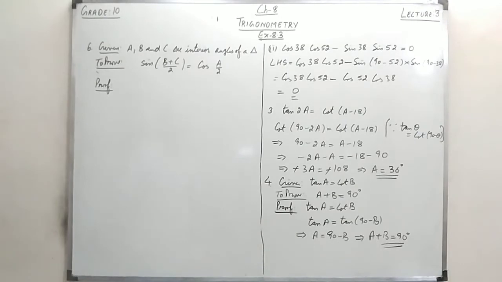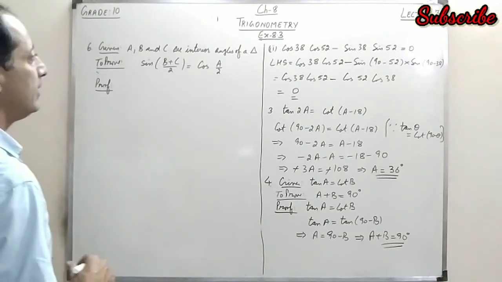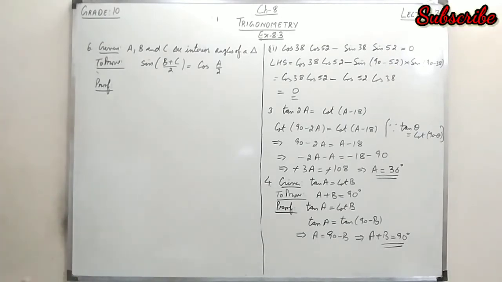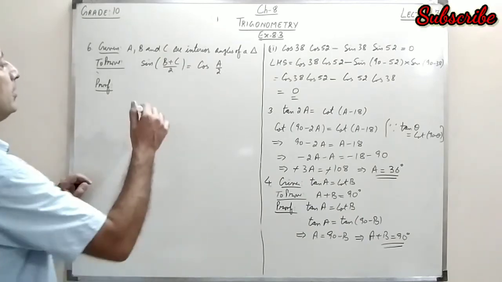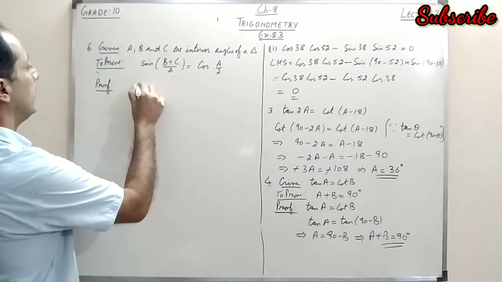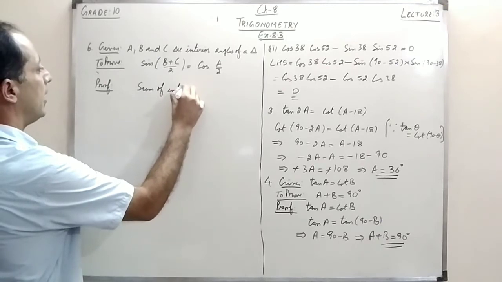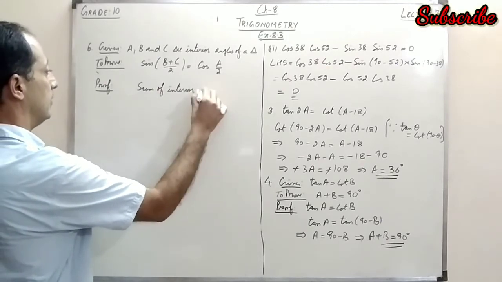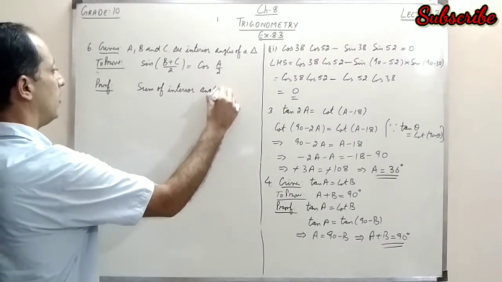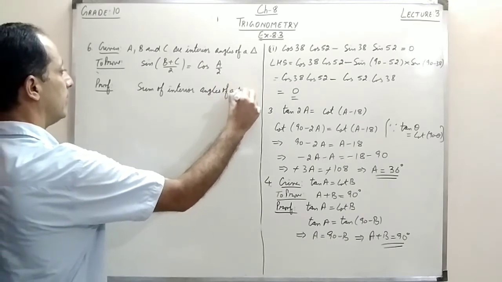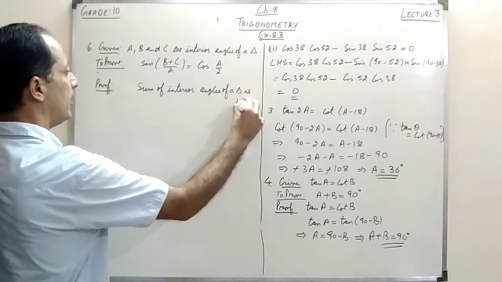In question number 6, it is given that A, B and C are interior angles of a triangle and we have to prove that sine of B plus C upon 2 is equal to cos of A by 2. We can start this question by writing that the sum of interior angles of a triangle is 180 degrees.